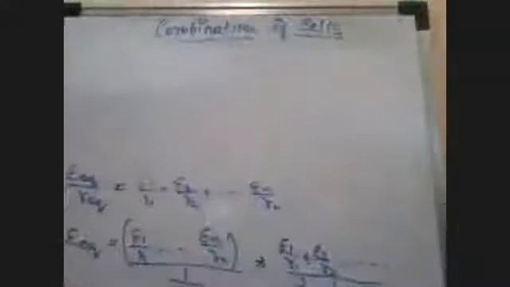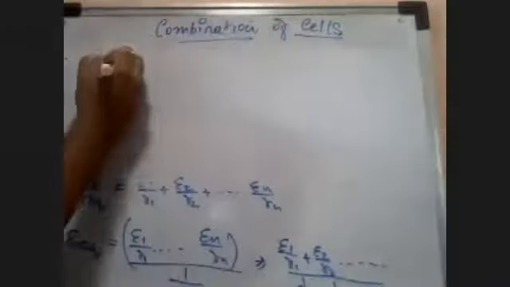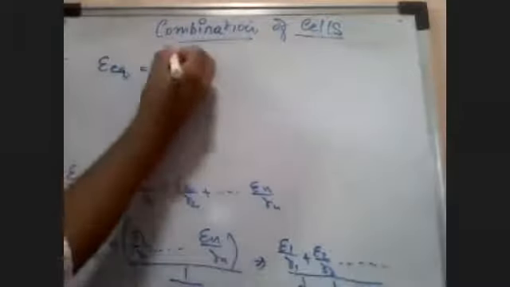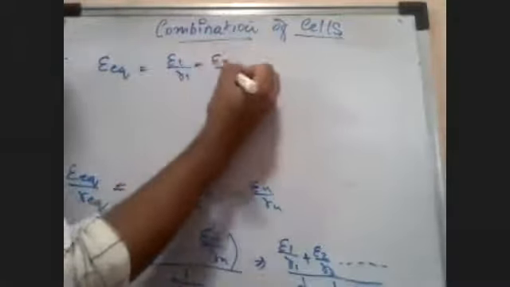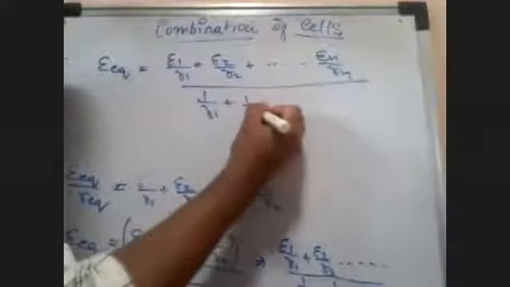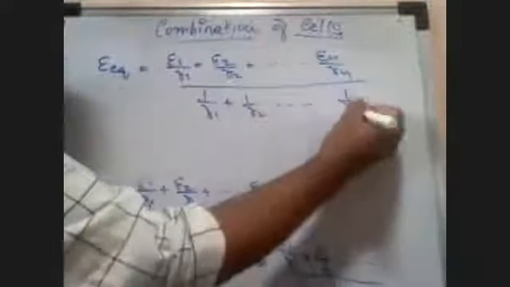Epsilon equivalent equals epsilon 1 upon R1 plus epsilon 2 upon R2 and so on till epsilon n upon Rn, upon 1 upon R1 plus 1 upon R2, until 1 upon Rn.